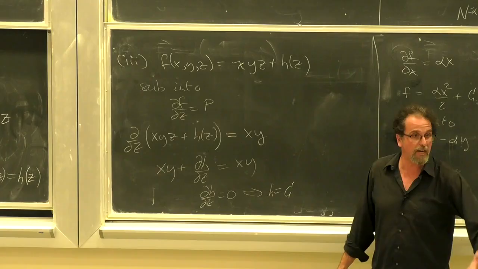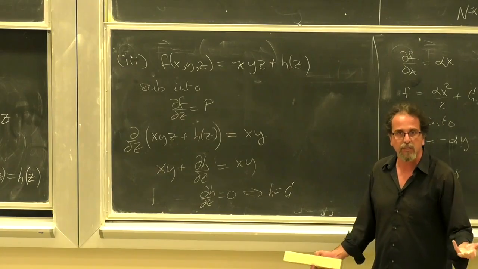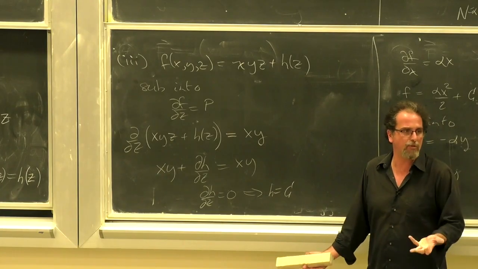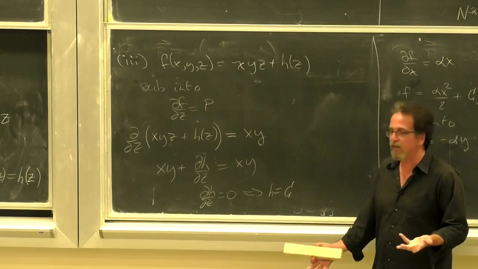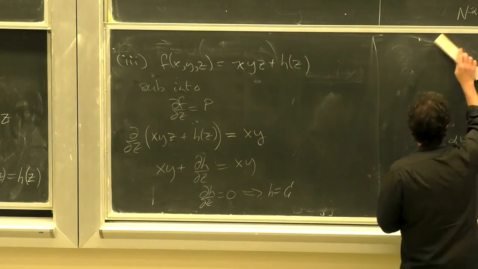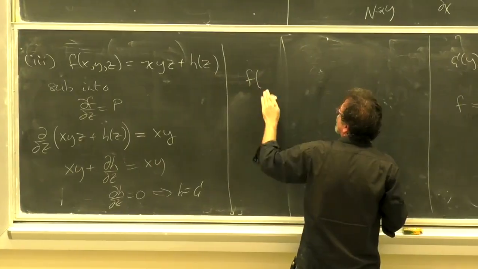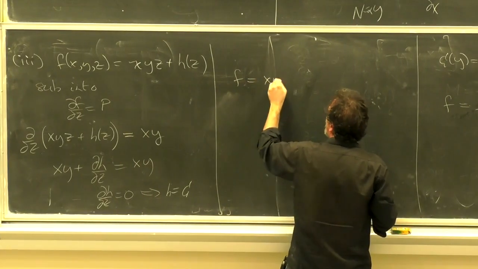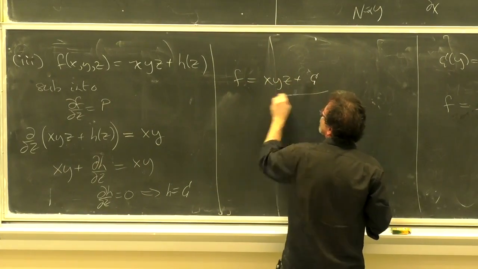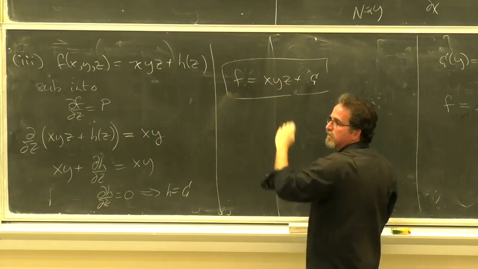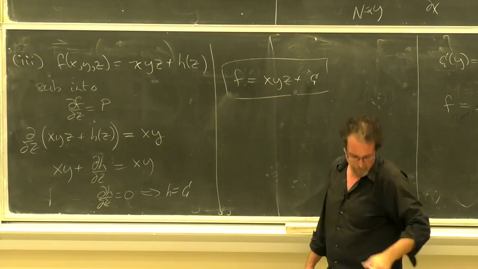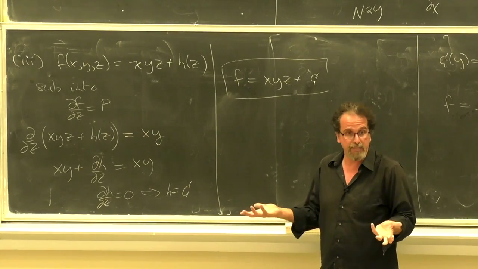You're always going to get a constant in the end because the potential function is always arbitrary up to a constant. Okay? Just like the voltage is always arbitrary up to an additive constant. And so in this case, f is equal to xyz plus any arbitrary constant. And the gradient of this thing is the vector field. Okay? So that's how you do this stuff.